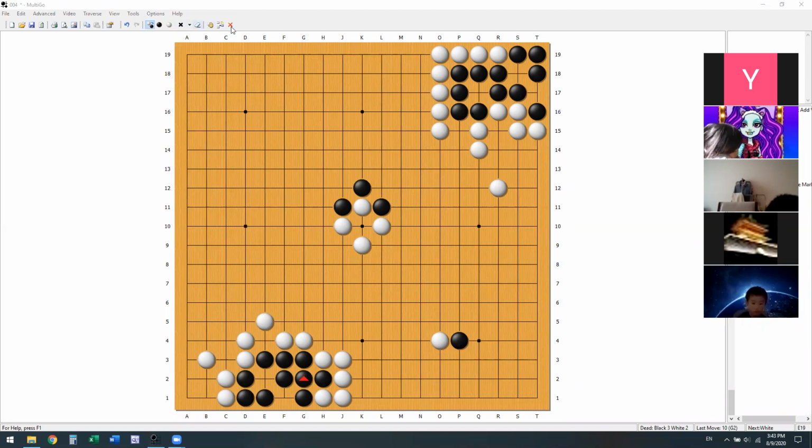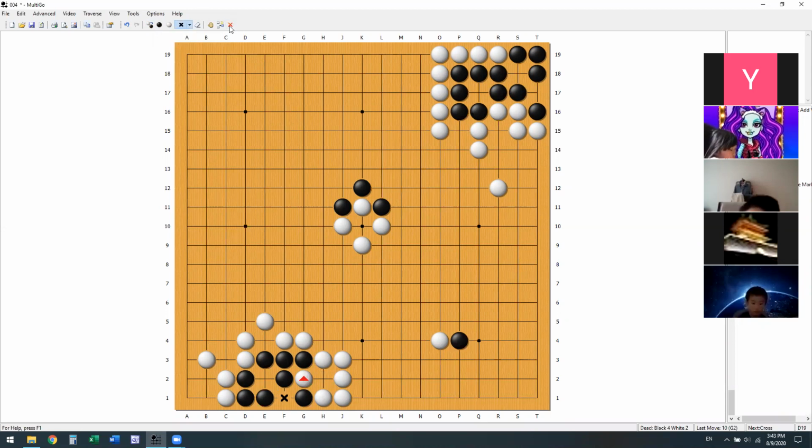But if it's white's turn, if white goes here, then this eye becomes a false eye because white has occupied this location.